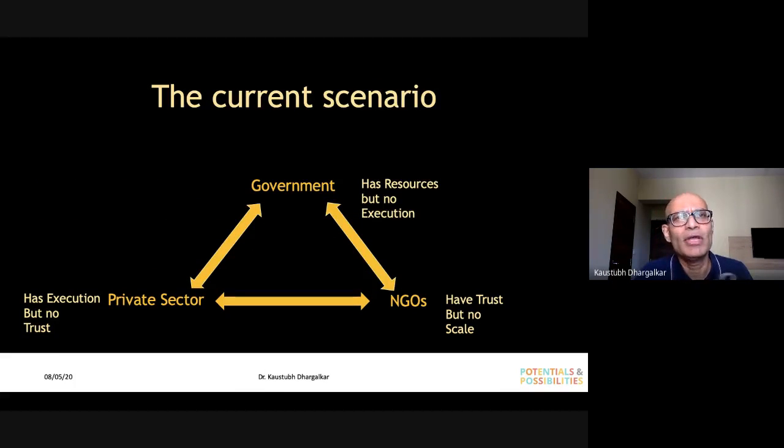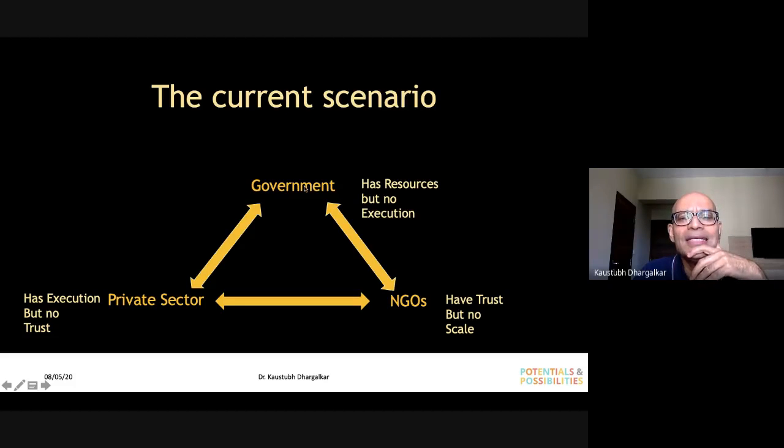Now, looking at certain opportunities that will come up. Today, in tackling the COVID situation, there are 3 agencies tackling the whole situation: government, private sector, and NGOs. These 3 are at their own levels somehow trying to control this whole pandemic.